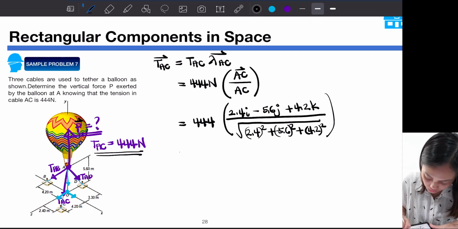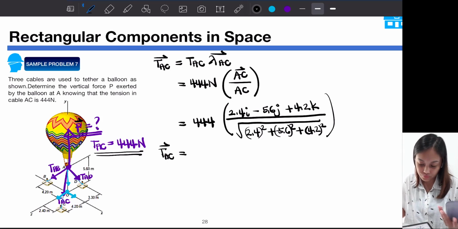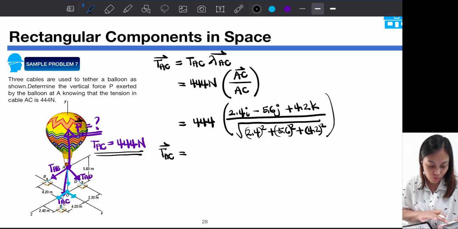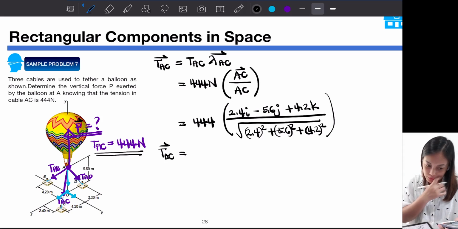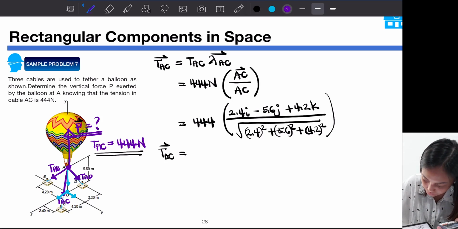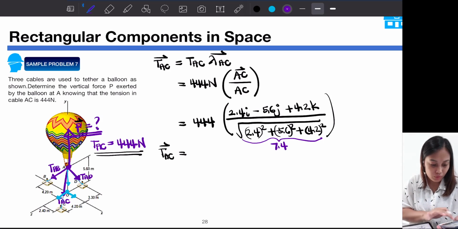Okay, so what is TAC? TAC is equal to 444 times 2.4 I over the square root of 2.4 squared plus 5.6 squared plus 4.2 squared. 7.4 kani siya. This is 7.4. 444 times 2 divided by 7.4.